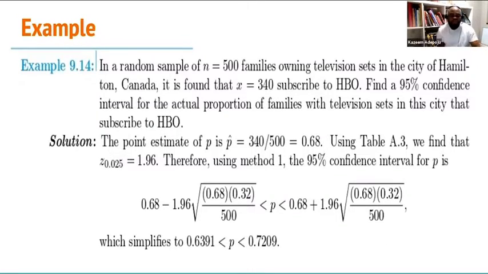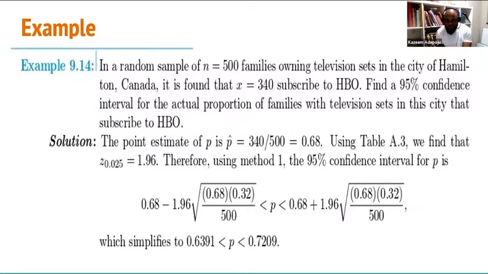In a random sample of n equal to 500 families owning television sets in the city of Hamilton, Canada, it is found that X equal to 340 subscribe to HBO. Now find a 95% confidence interval for the actual proportion of families with television sets in this city that subscribe to HBO.